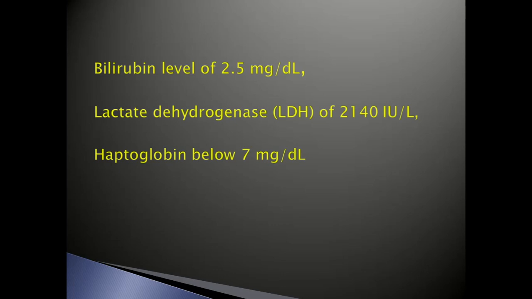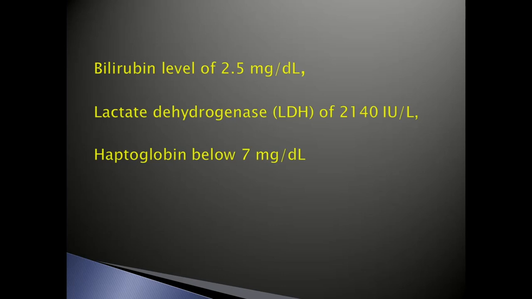With biochemical markers, for example bilirubin 2.5, a slight increase; LDH very much increased, greater than 2000 in fact; and haptoglobin level is decreased. This again is indicative of a hemolytic process.